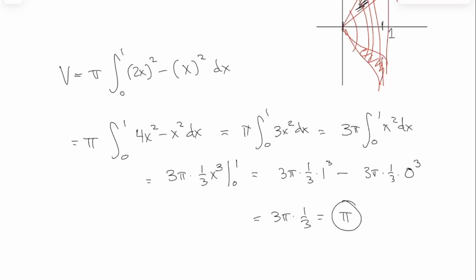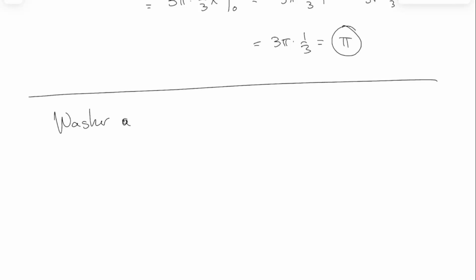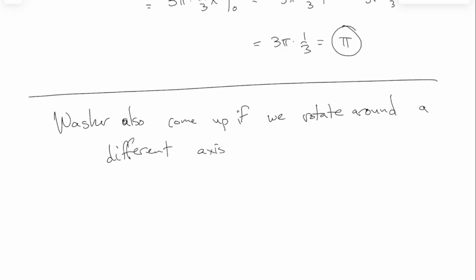One other way that washers will sometimes come up, and this can be a little complicated to think through. Washers also come up if we rotate around a different axis. I mean, rather than the x-axis, I don't mean y instead of x.